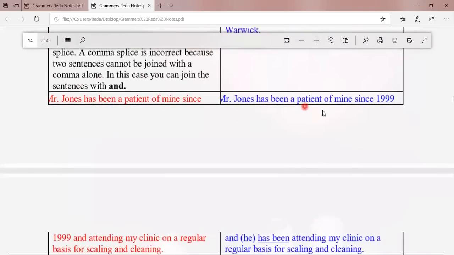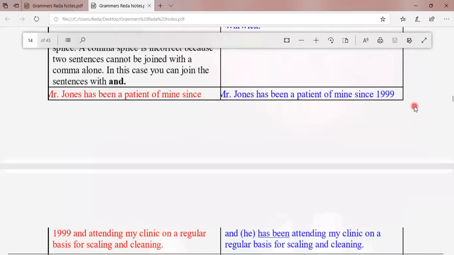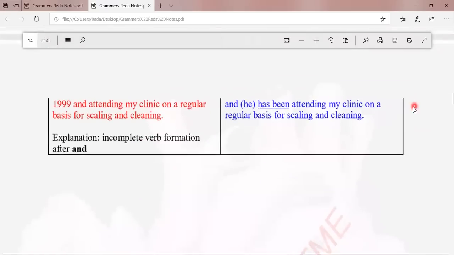Jones has been a patient of mine. This is called present perfect. Jones has been a patient of mine since date. And he has been attending, and again, he has been attending because he attended and is attending right now and will attend.